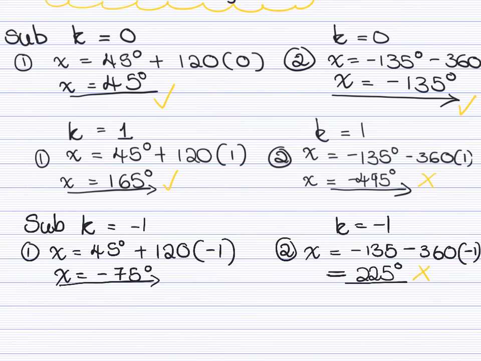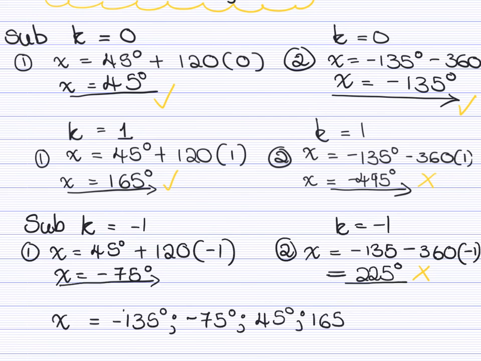So when expressing our final answer, we can write it in two ways. You can say that the values of x that I got, you can choose to write them ascending, descending, or just list them all. It's up to you. So the numbers we got were −135 degrees, −75 degrees, 45 degrees, and 165 degrees.